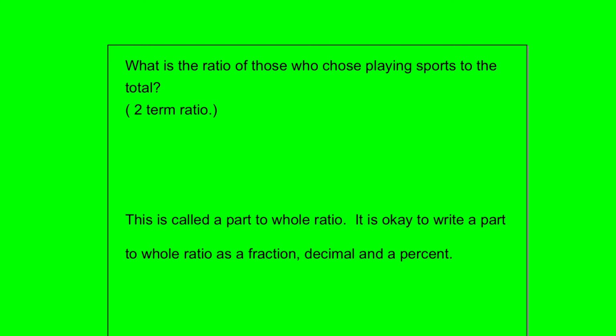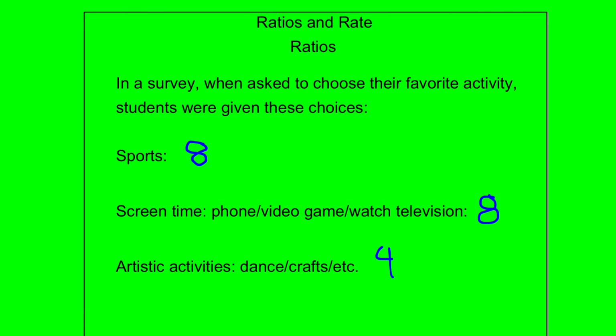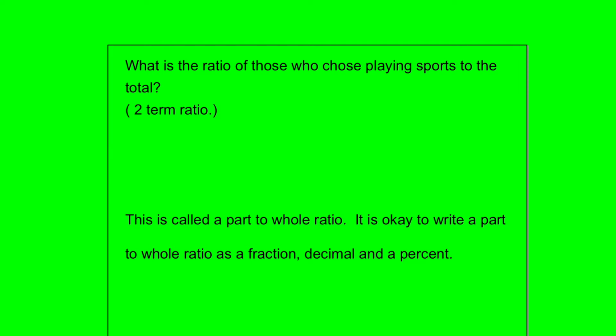So the first ratio I ask kids to make is the ratio of those who chose to play sports compared to the total. So those who chose to play sports were 8, and there was a total of 20 people involved in the survey. So if you're comparing sports to the total, the ratio would be 8 to 20.